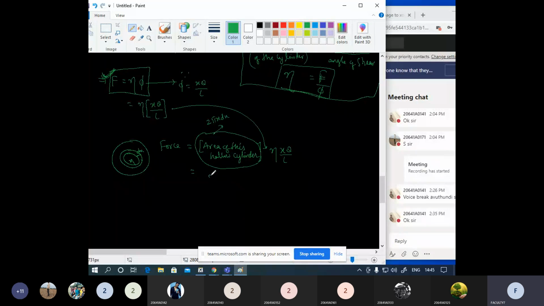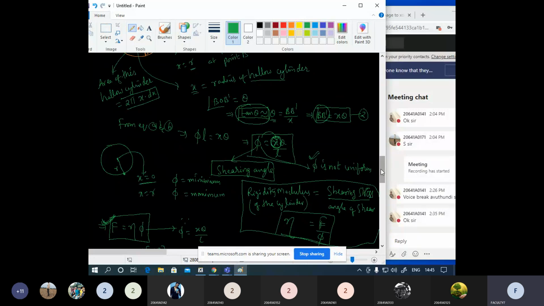Now you substitute that, 2 pi x dx into eta x theta by L. This can be written as 2 pi eta x square dx by L, with theta included. That will be the equation.